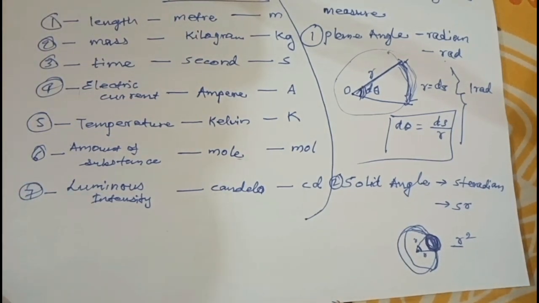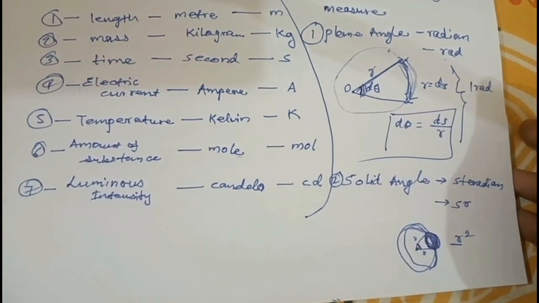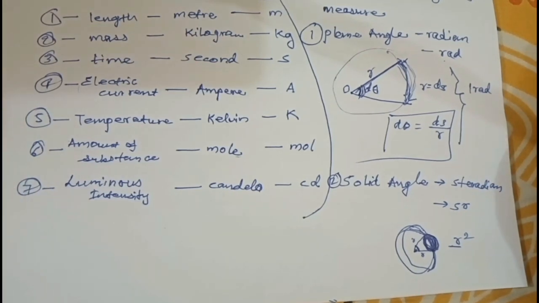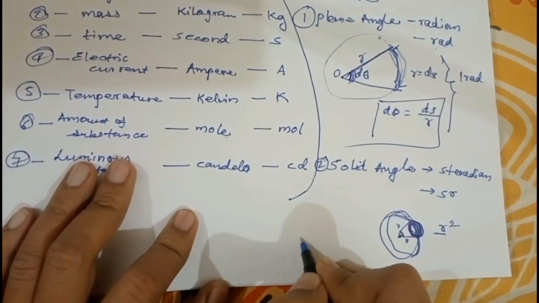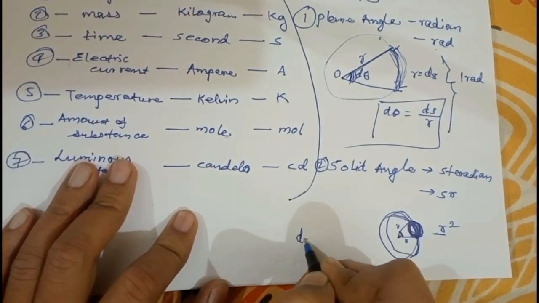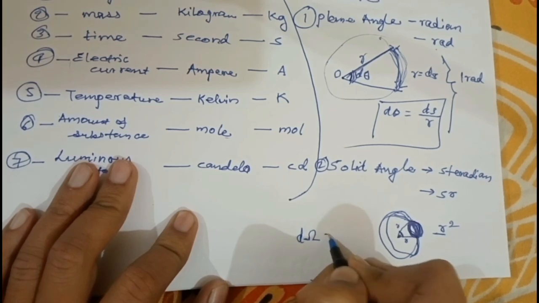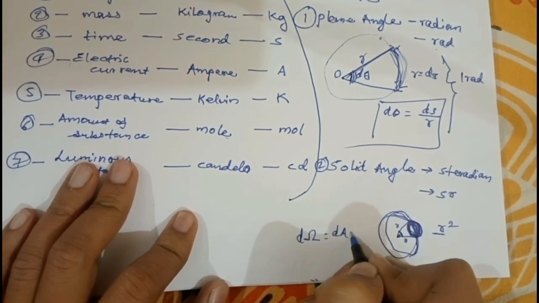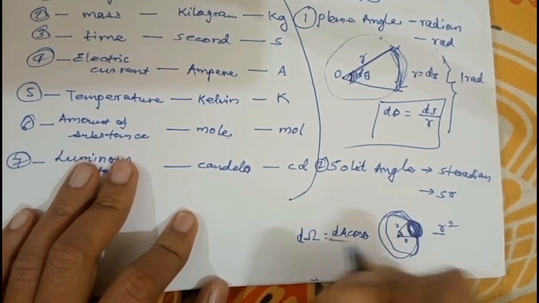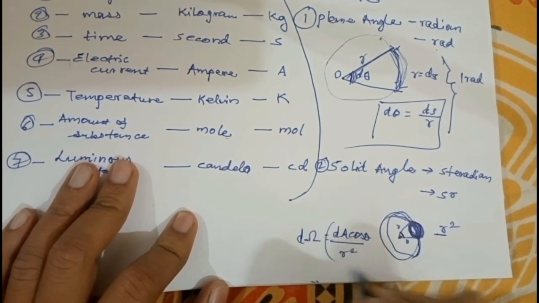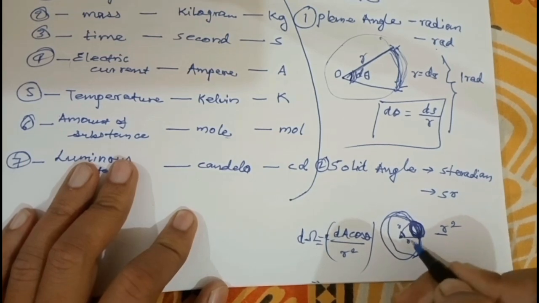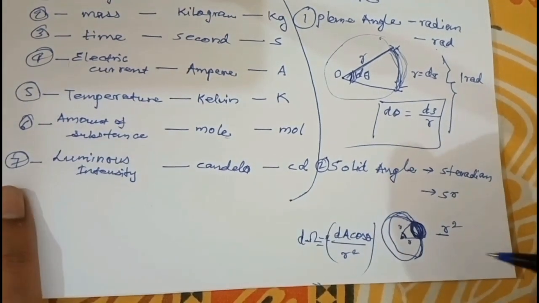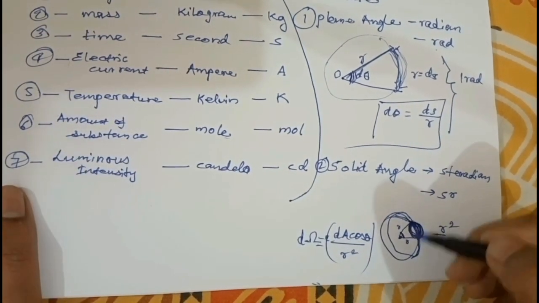Its general formula can be written as d omega equals dA cos theta by r square. Let me write it down for notes purpose. d omega equals dA cos theta by r square. What is r? R is the radius of this spherical ball.